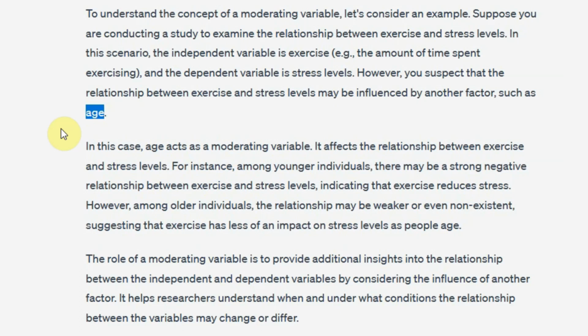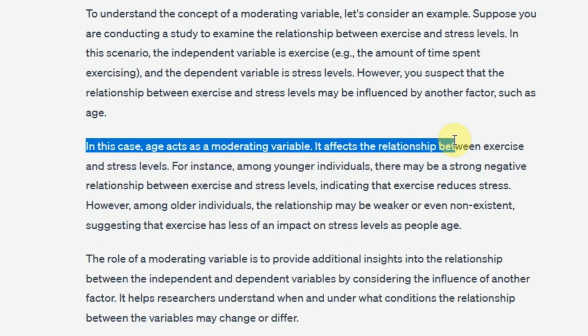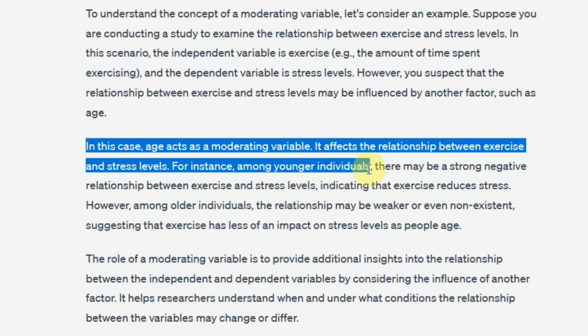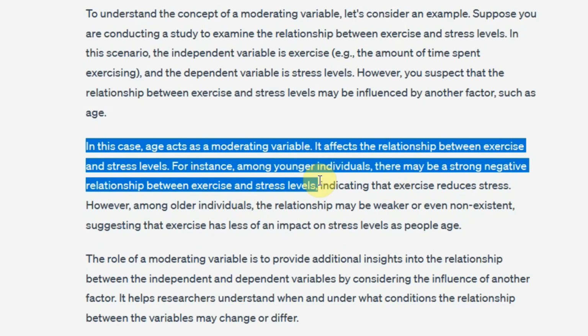In this case, because we've got age as a moderating variable, it affects the relationship between exercise and stress levels. For instance, among younger individuals, there may be a stronger negative relationship between exercise and stress levels. So if you are young, the relationship between exercise and stress level will be negative. As your age increases, the relationship may change.